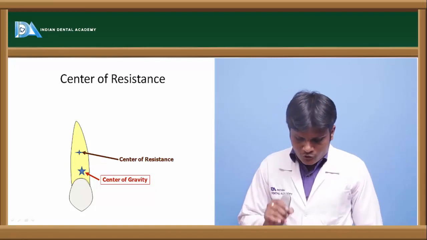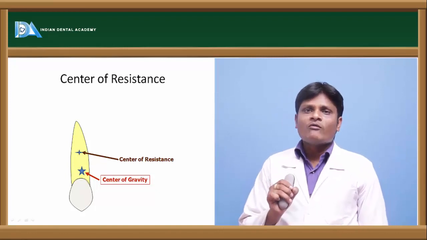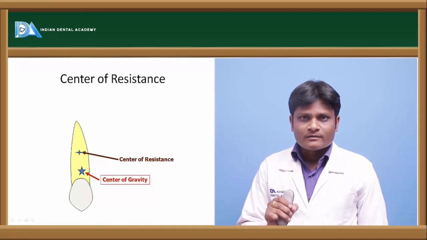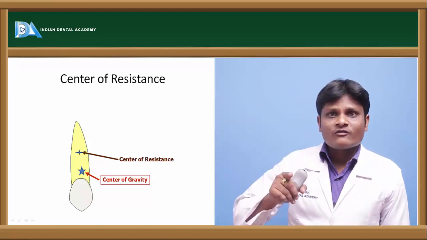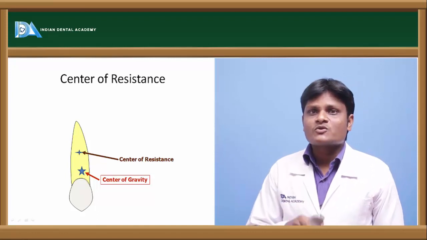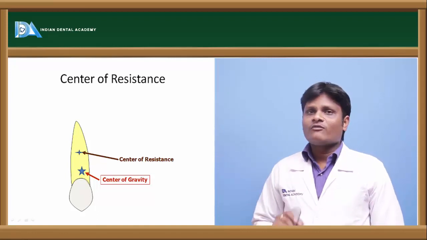So here you should keep in mind that in order to move a tooth bodily, the force acting on it, or the resultant of multiple forces acting on that tooth, should pass through the center of resistance.